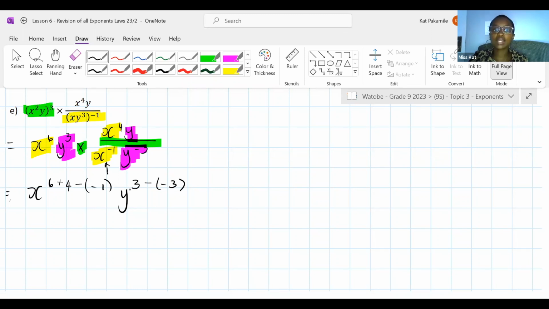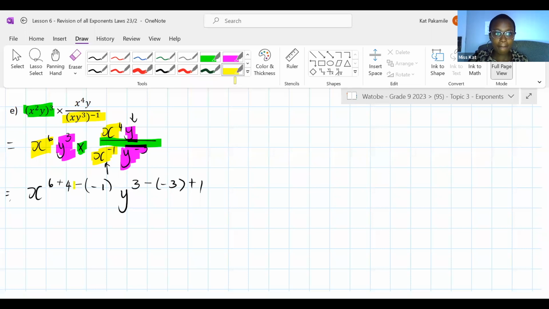And then what about this one over here at the top? We are multiplying, so add. Look at it at the top. +1. Beautiful. So now we have made one sum and it is easier to deal with, right?